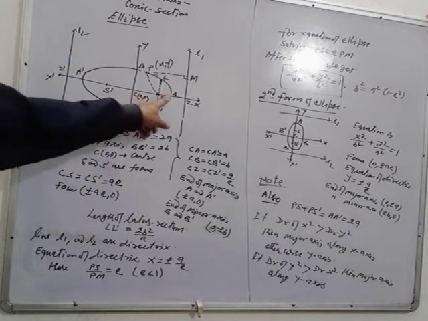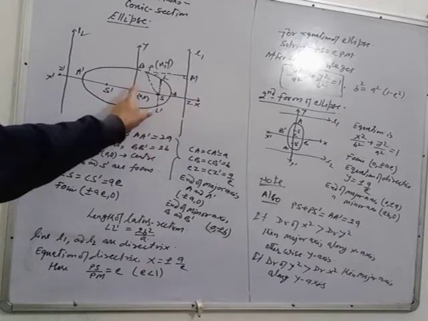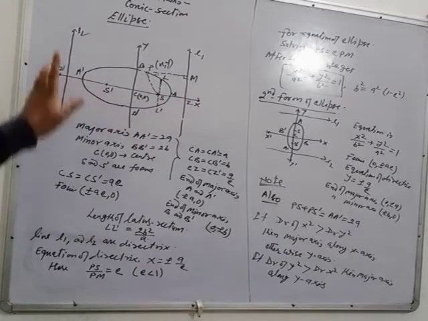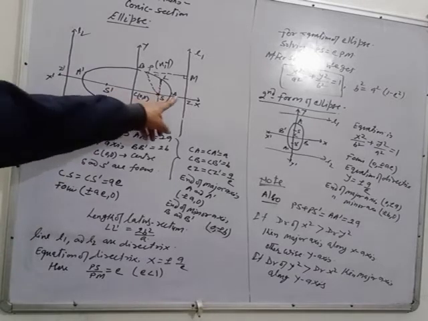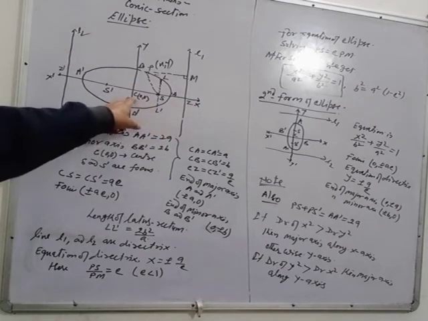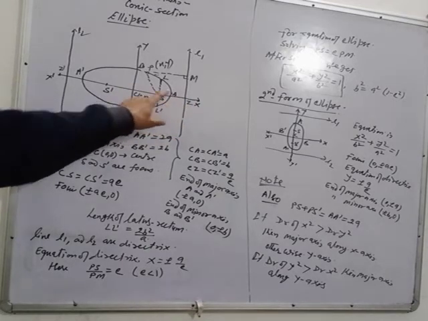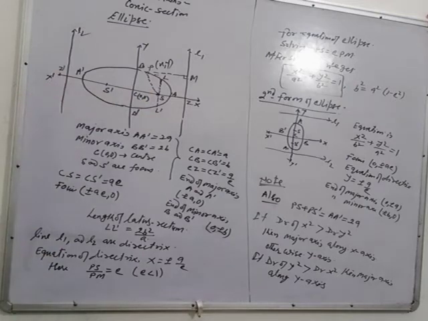And for the directrix lines L1 and L2, CZ is equal to CZ dash is equal to a by e. So you will remember these measurements. The distance of the directrix from the center, CZ, is a by e, and CS is equal to AE.